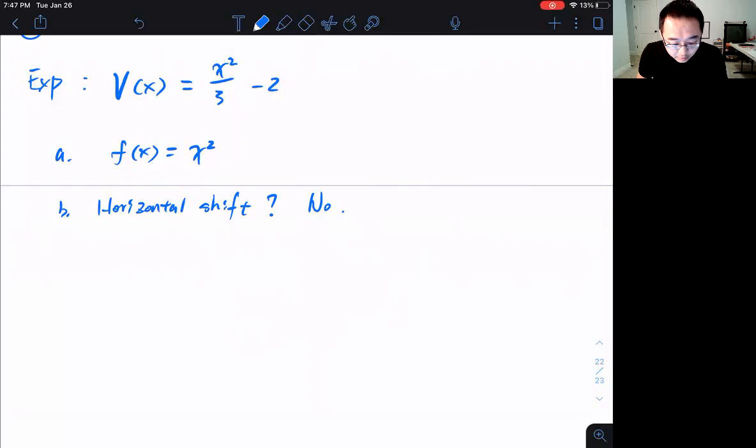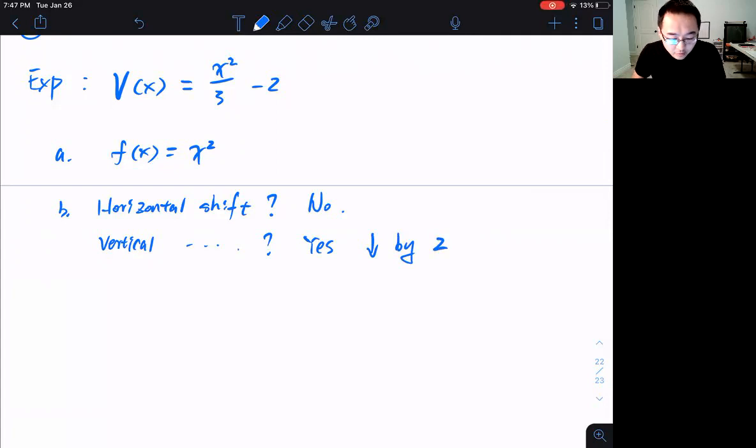Now, what about vertical shift? Well, the answer is yes, and it's shifted downward by 2, because it's minus 2.